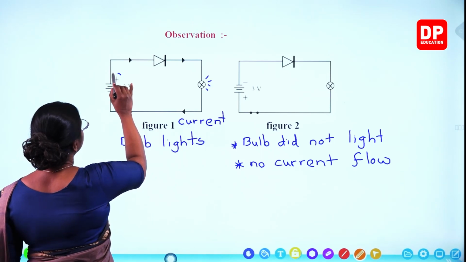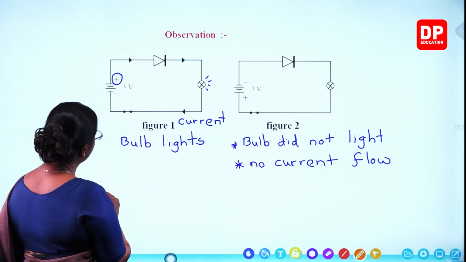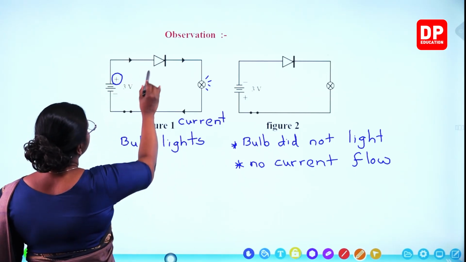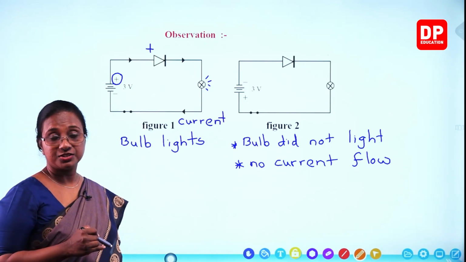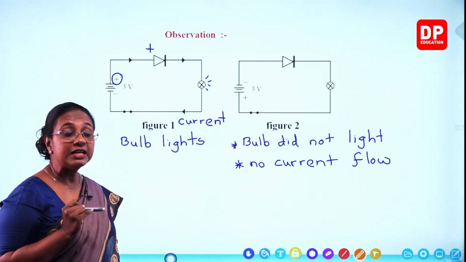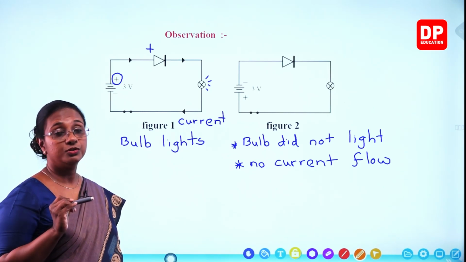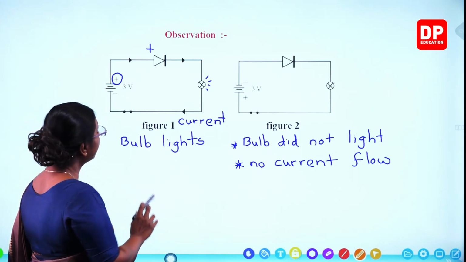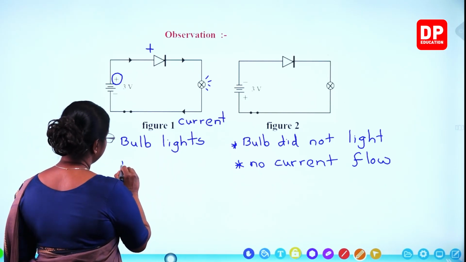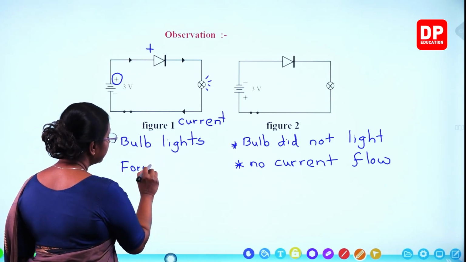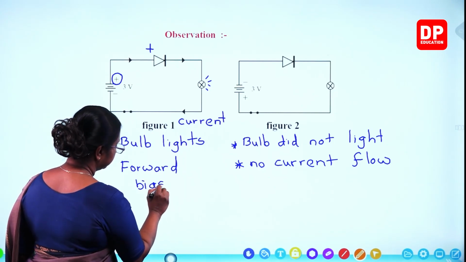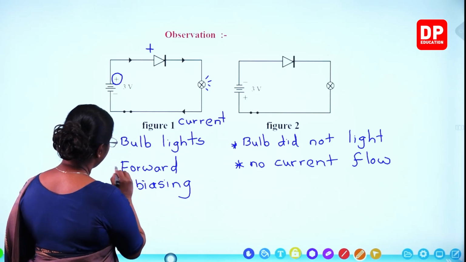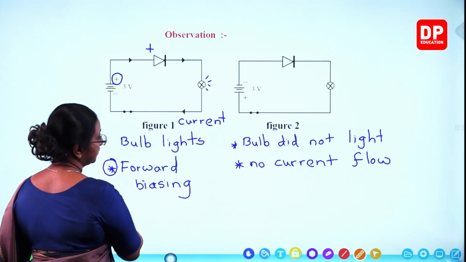When you connect the positive terminal of the battery or the power supply to the P side of the PN junction diode, it allows current to flow through it. And that type of connection is known as forward biasing.